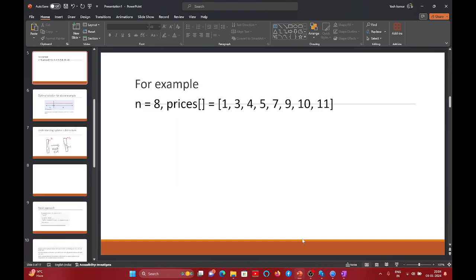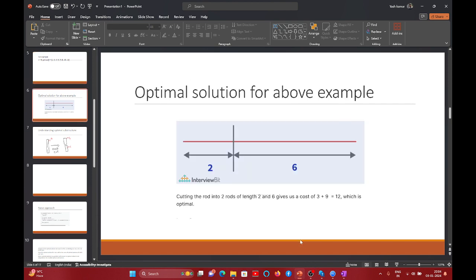The basic thing to understand while solving is the optimal substructure property.